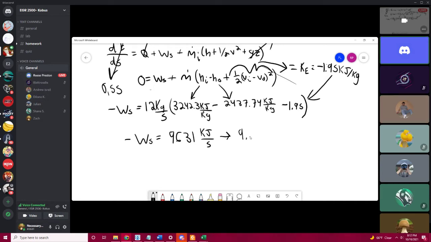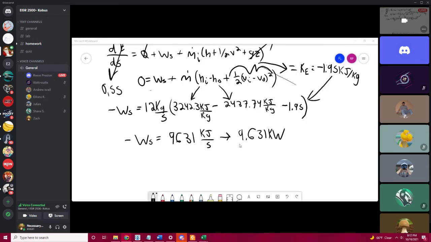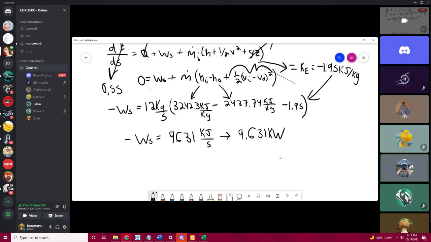Yeah, we need megawatts. You can get megawatts if you multiply. We're going to multiply by 1,000 at the end. That's how we get megawatts.